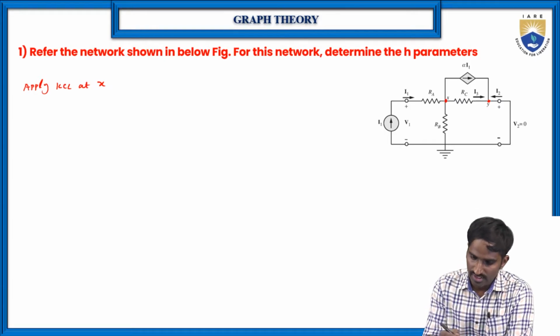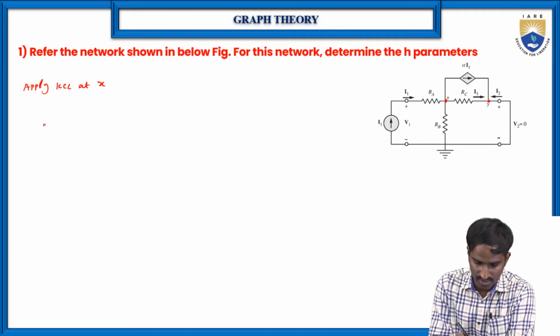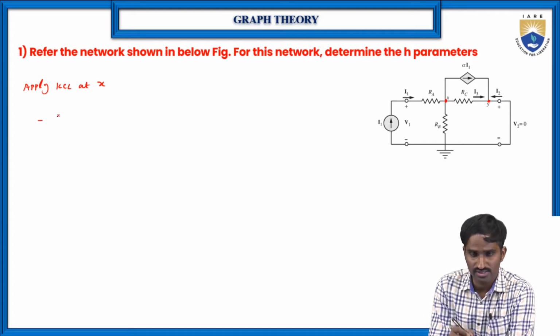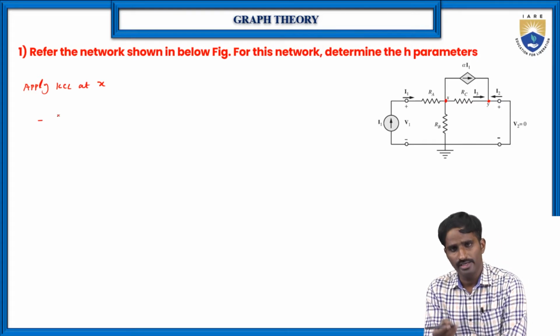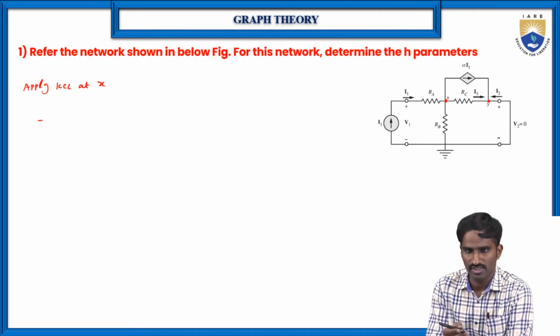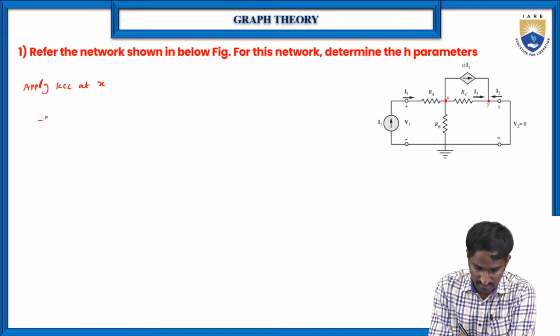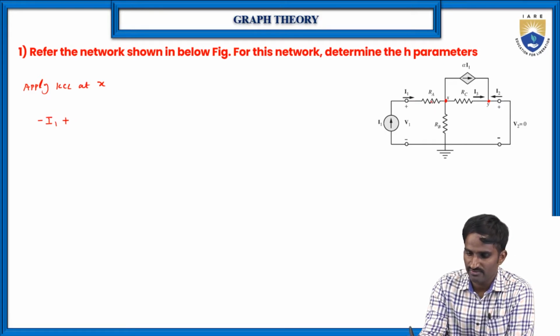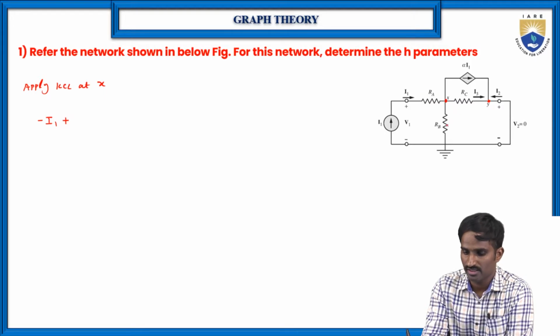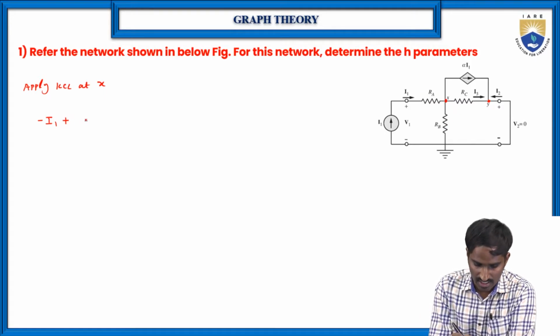So let me consider minus I1, taking the entering currents as negative and the leaving currents as positive, because we have to consider any one way. So minus I1 plus the current flowing through the resistor RA, and the current flowing through the resistor RB here.